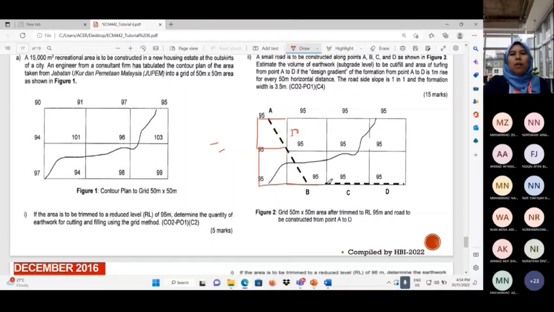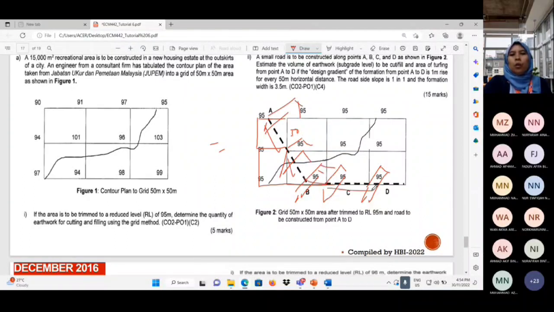So you have to identify the depth, where the surface area of the embankment is, because you have to plot at points where you know the height.